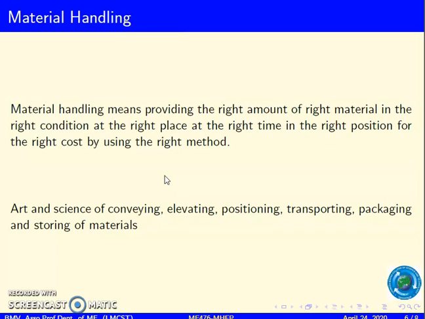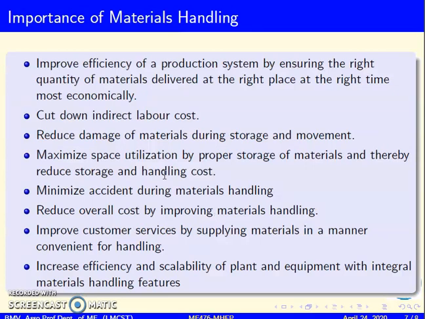So, why is material handling important? If we consider any manufacturing plant which is producing a particular component, many operations are taking place there, starting from the purchase of the raw material. The raw material is transported from the location where it is available to the plant site and stored there.